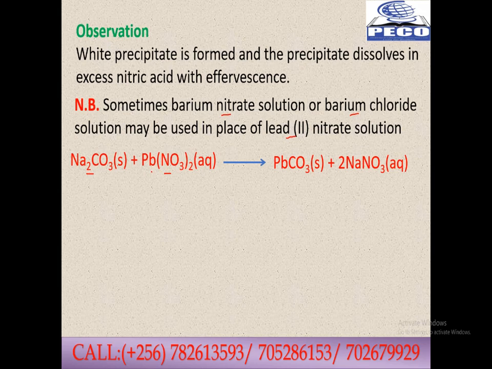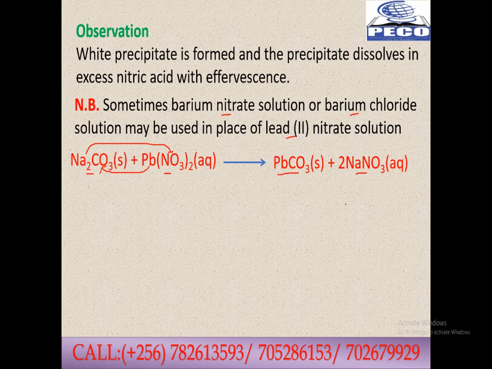Here we are having the radical exchange, whereby sodium takes up the nitrate and lead takes up the carbonate. So we come up with lead 2 carbonate and sodium nitrate. Once again, that is when we have the carbonate and the lead 2 nitrate.